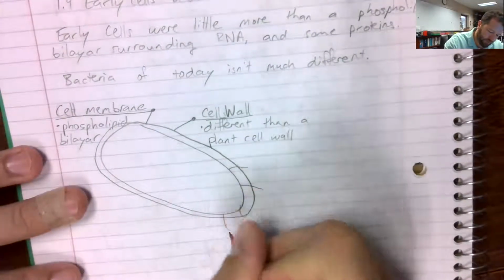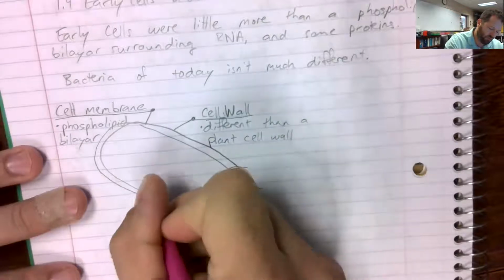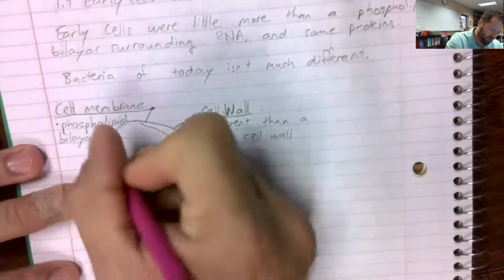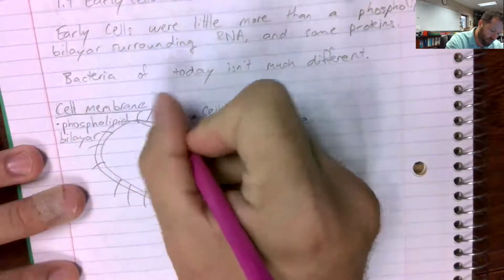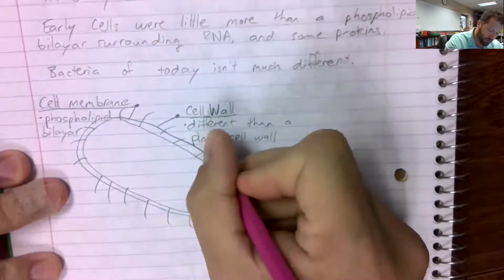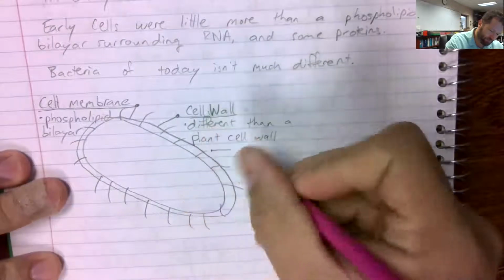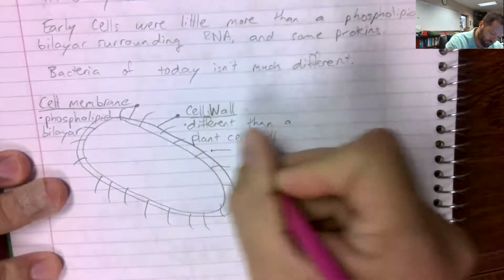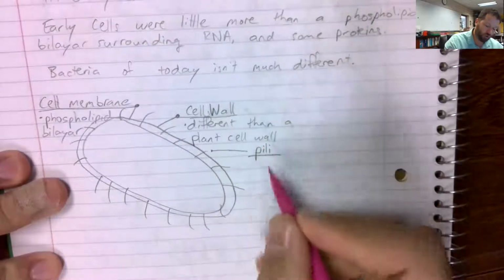Now coming off of the bacteria cell, we'll usually find a lot of these, they're like hair-like structures. In fact, they're so much like hair, their name is actually Latin for hair. So these are called pili.